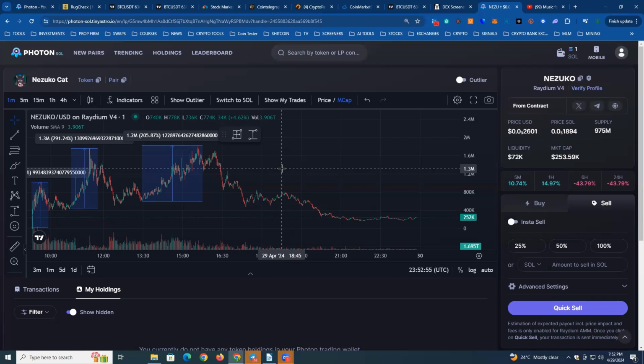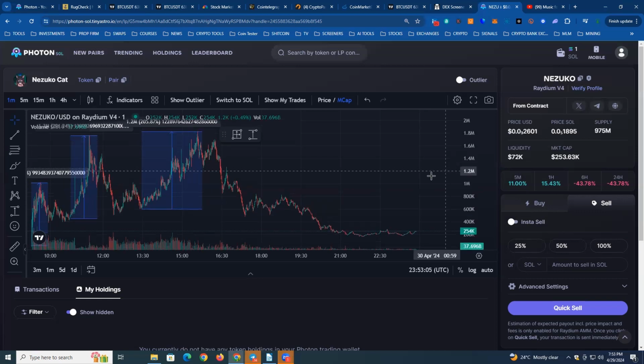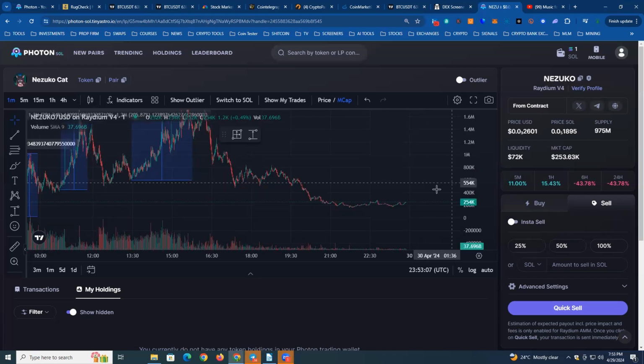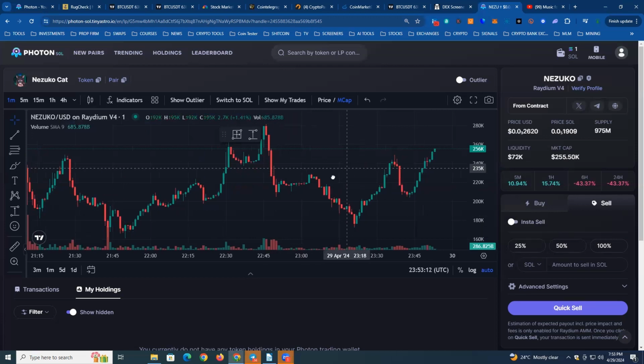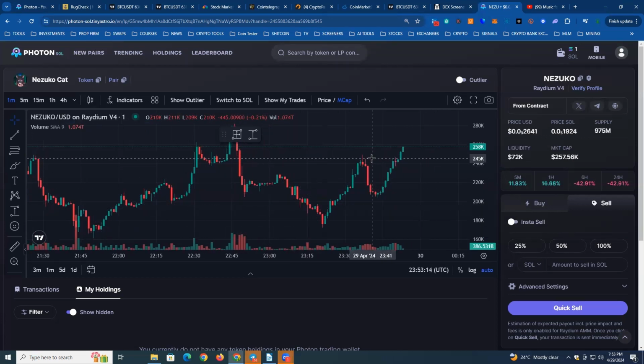But just to show you the speed in which this market moves, we are now at 10% within the last 5 minutes of this coin's movement. And this will give you a good idea of how quickly the market moves.